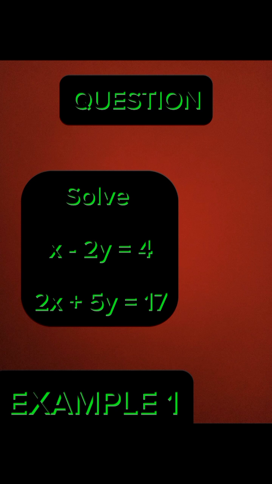So for the first one there, we have x minus 2y is equal to 4. X is an unknown quantity. Y is also an unknown quantity.